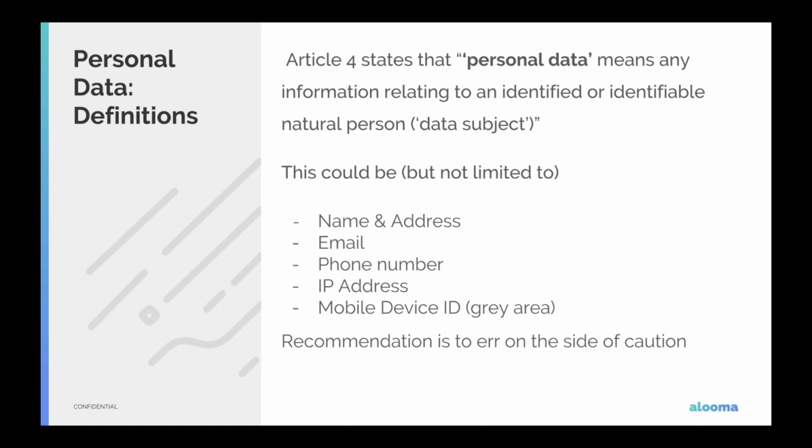Even an IP address is considered related to an identifiable natural person. Mobile device ID is debatable, but if you want to be completely on the safe side, you should probably consider mobile device ID as personal data as well. And as always, the recommendation is to err on the side of caution. But as you can see, the definition of personal data itself is very wide.